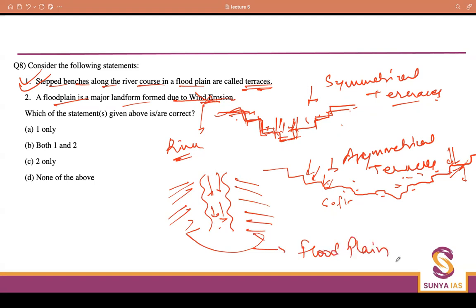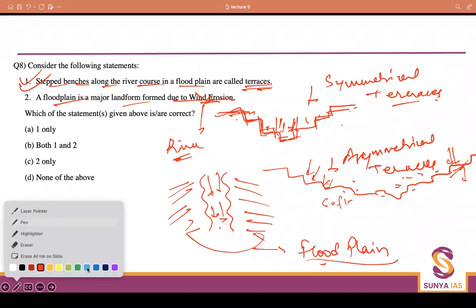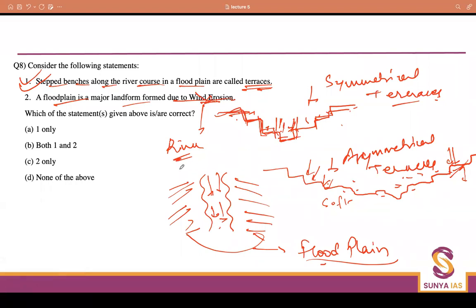And how are they formed? Say for example, the water in the river increases, and because of the flood, water starts to flow over this width, and again after some time it comes back to its normal course, when the flood recedes. When the flood is coming, it brings in a lot of silt, sand and sediments with it.